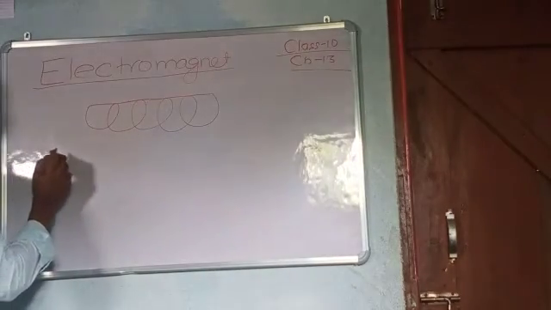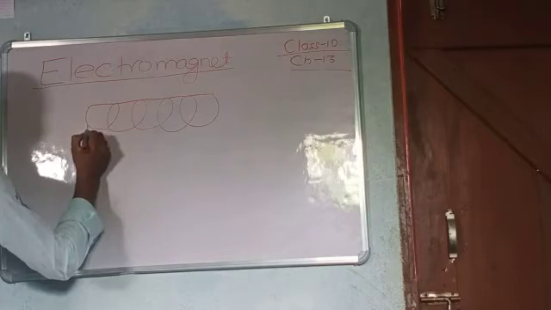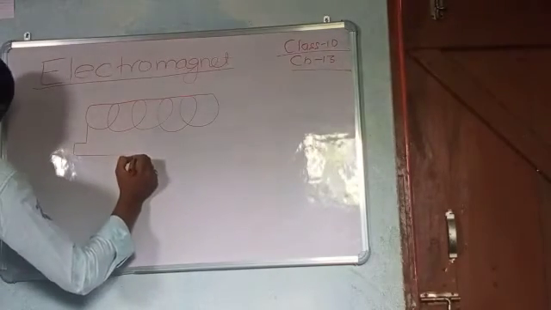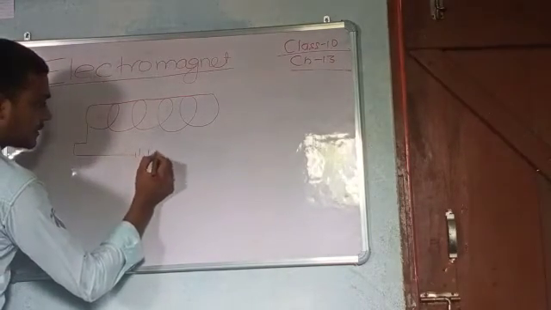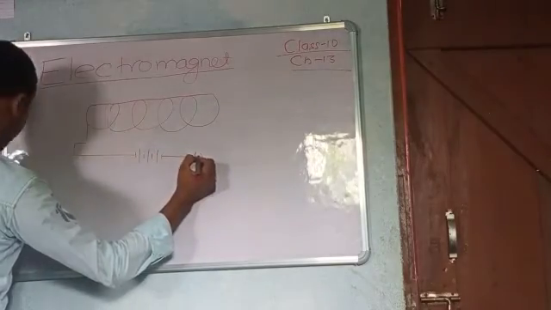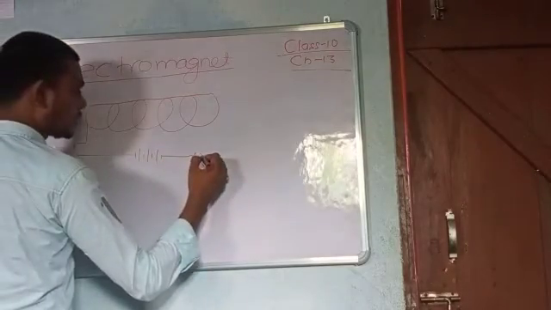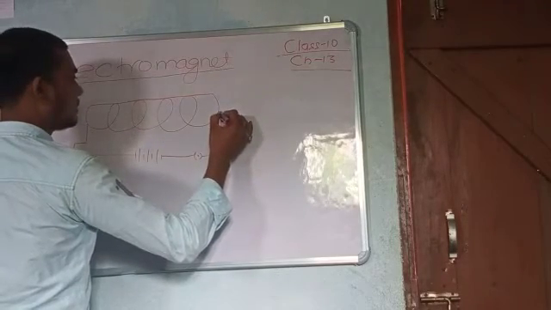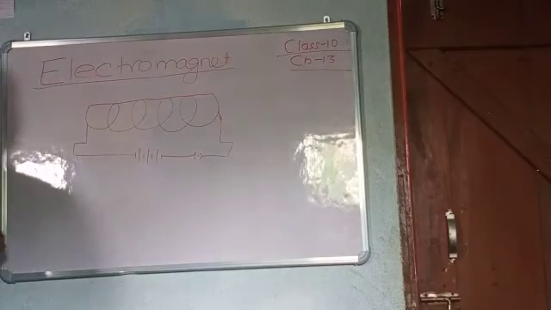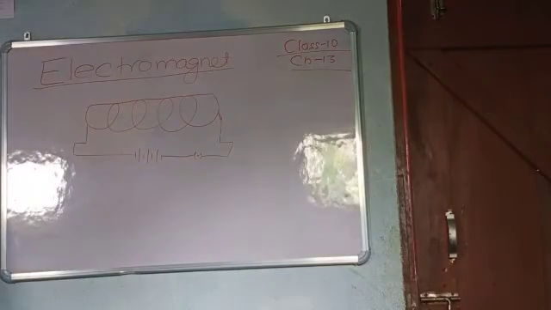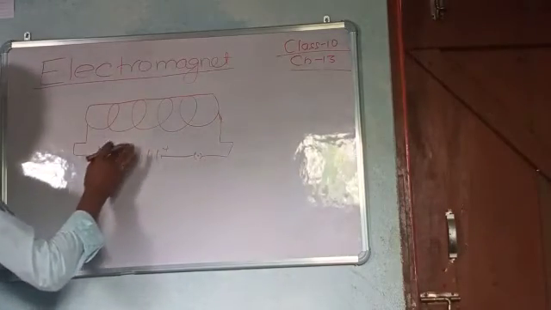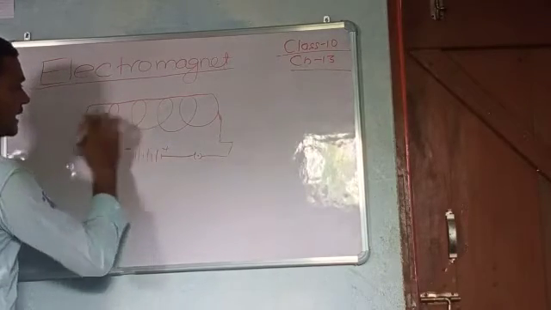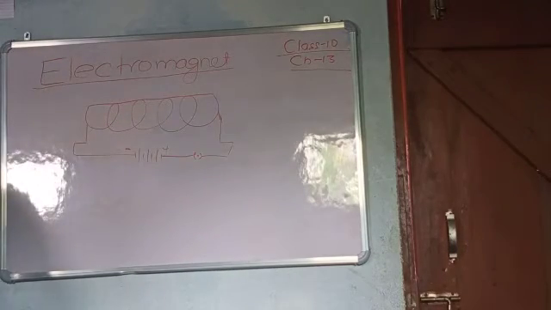Now if the current passes through it, then it produces some amount of magnetic field inside it, okay, some amount of magnetic field. So the magnetic field produced inside the solenoid has greater strength.